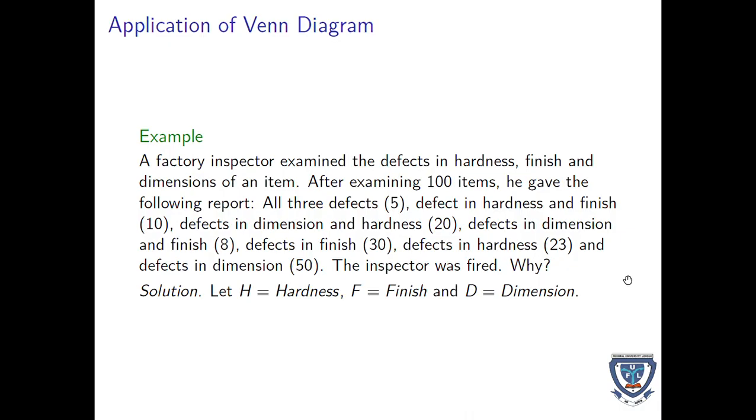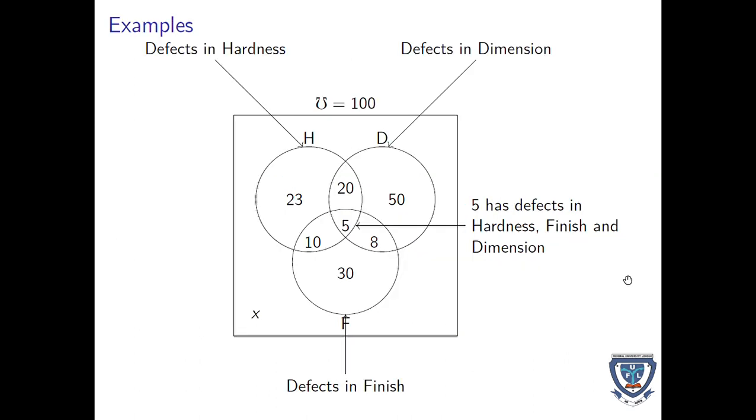Okay, let's go through what the inspector actually wrote. Let's represent H with hardness, F with finishing, and D with dimensions. I had to draw a Venn diagram to represent the information given. This is how the information will be represented in a Venn diagram.